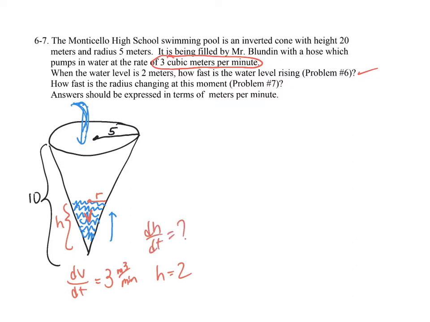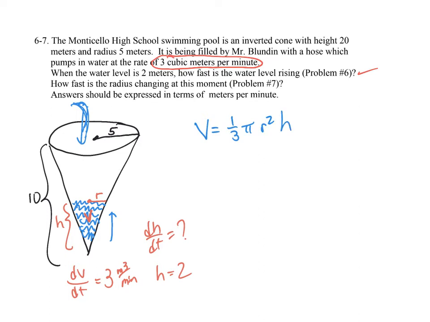And we need a formula that relates our 3 variables: our volume, our height, and our radius. Well, if you look back at your geometry cheat sheet or remember your geometry teacher's class, you'll remember that the volume of a cone is 1/3 pi r squared h.